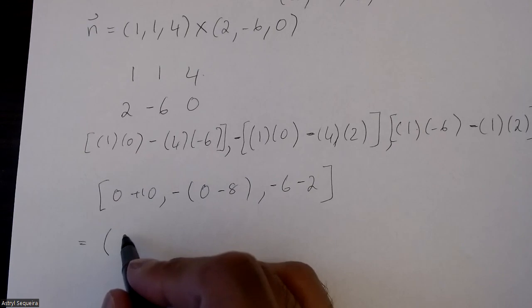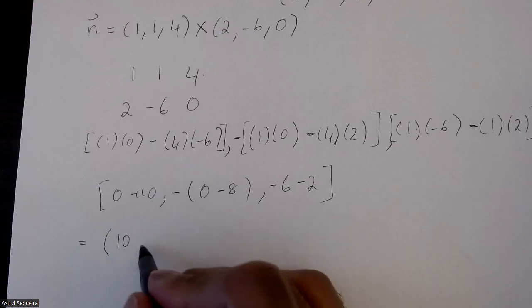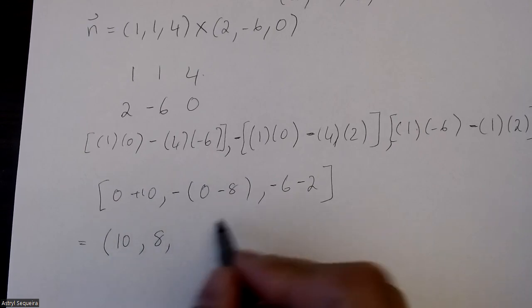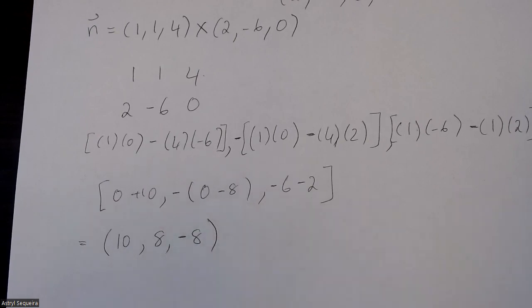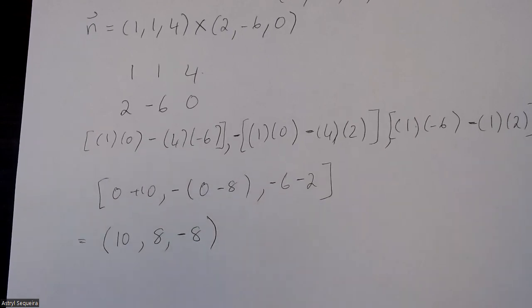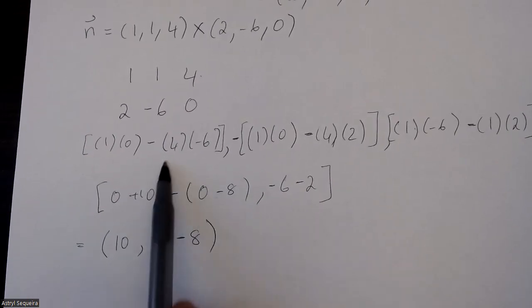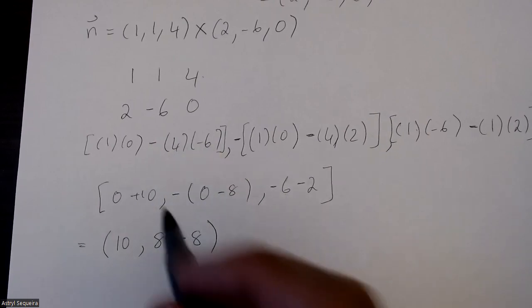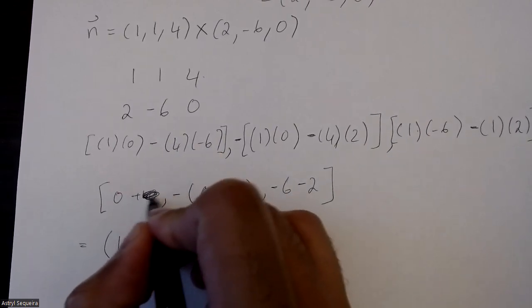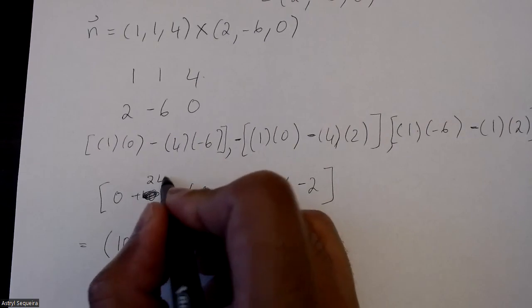And then this is my direction vector, my normal vector, basically 10, 8, negative 8. Oh, wait, sorry. 4 times 6 is not 10. It's 24.